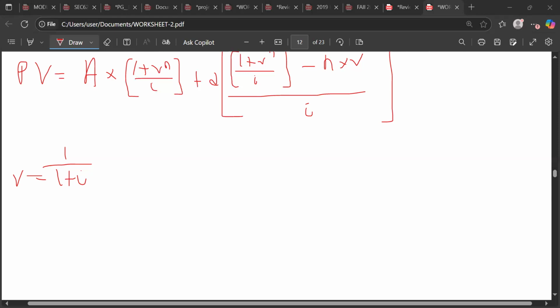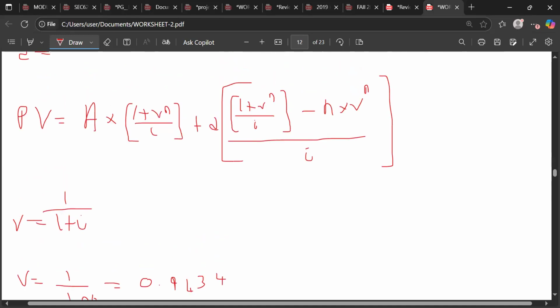V is equal to 1 over 1 plus 0.06, which is 1.06. So 1 divided by 1.06 gives us 0.9434 as V. So we know what to put on V here.